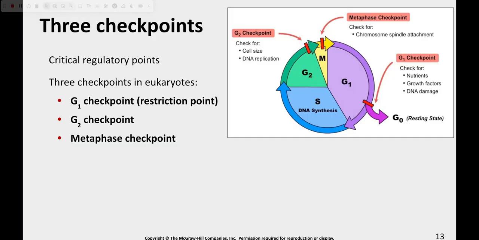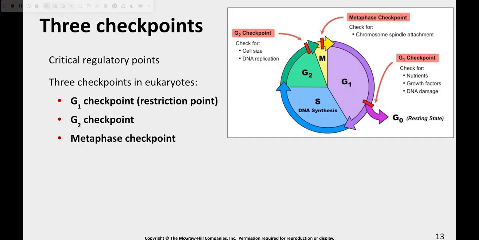The G1 checkpoint is going to make sure that this cell has proper nutrients, proper growth factors, it's ready to grow, and that this cell does not have any DNA damage. We don't want a cell that has damage to its DNA to replicate that damaged DNA and pass it onto its daughter cells.